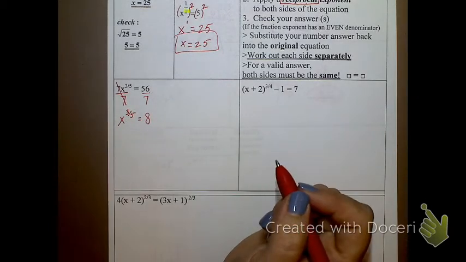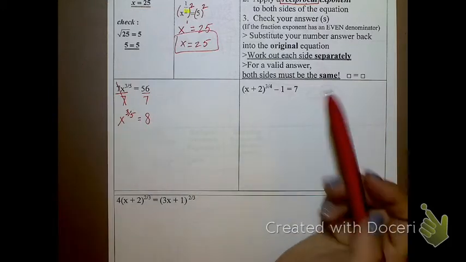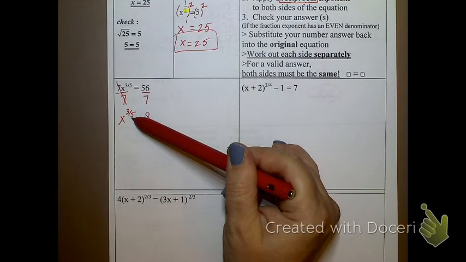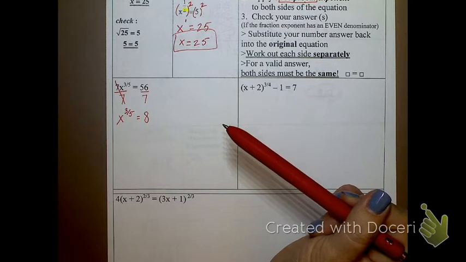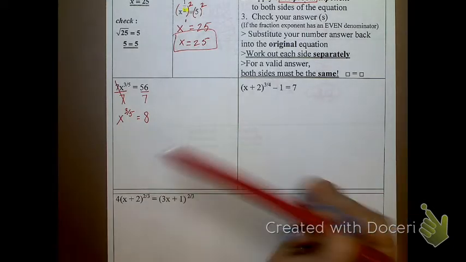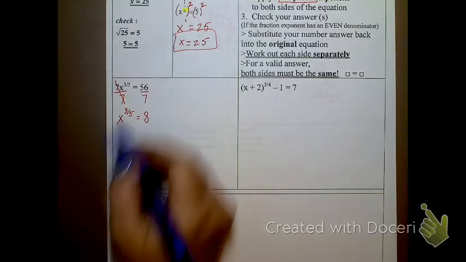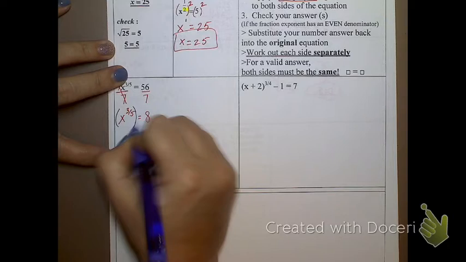Now, as I'm looking here, is my index even or odd? What is my index? 5. So am I going to need to check my answer? No, only when my index is even. Okay? What am I going to raise both sides to? Not the 5th power, the reciprocal power.